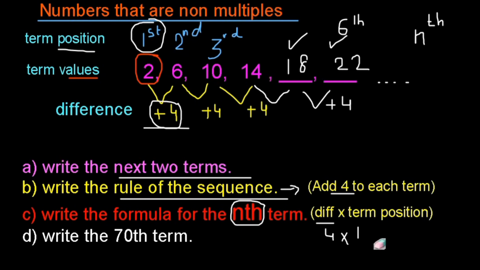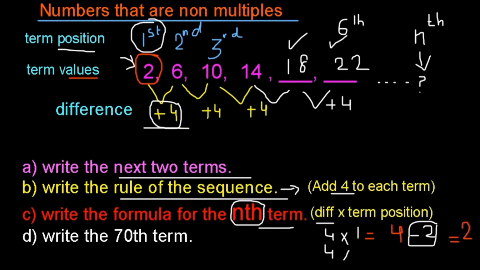Let me erase this because I have a little less space over there on the board. So I got 4, 1 time is 4, but basically I need a 2. So definitely I'm going to subtract a 2 from here in order to get 2. So do remember that this minus 2 that you have identified, that you need to subtract in order to get the first term, is very important, because now we are going to put this in the formula as well.